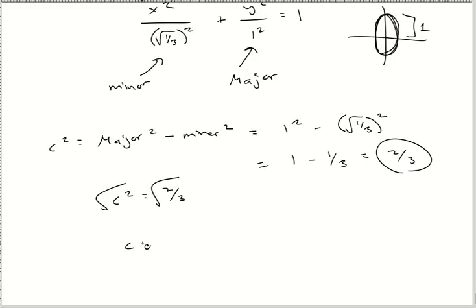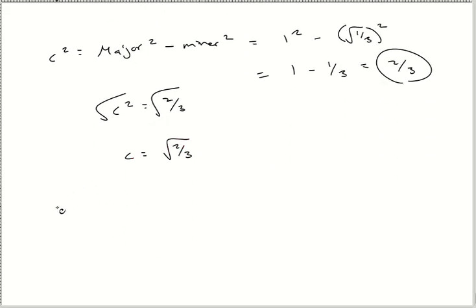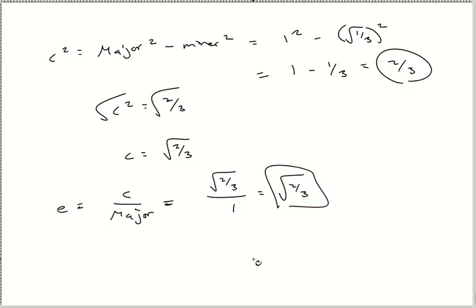Square root of these things. And so I get, well, the square root of 2/3. Yay! Whatever that is. And then my E is going to be C over the major. My major is a 1. So the square root of 2/3 all over 1 equals the square root of 2/3. So that's actually one of the answers you need.